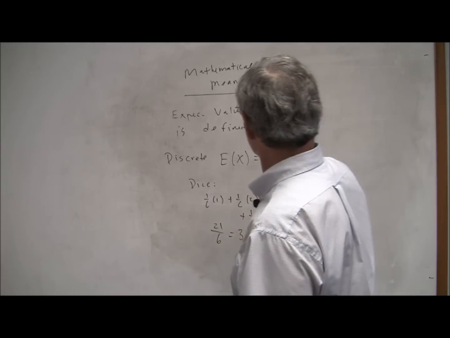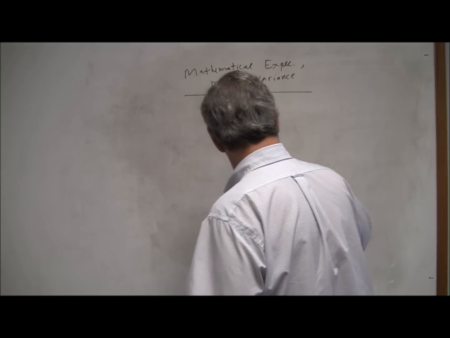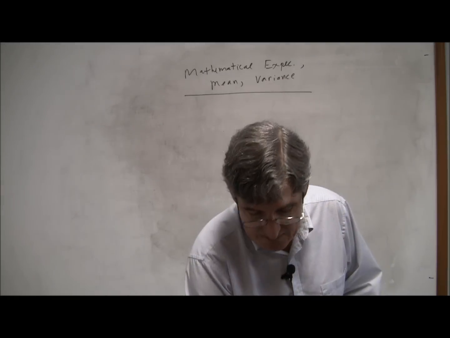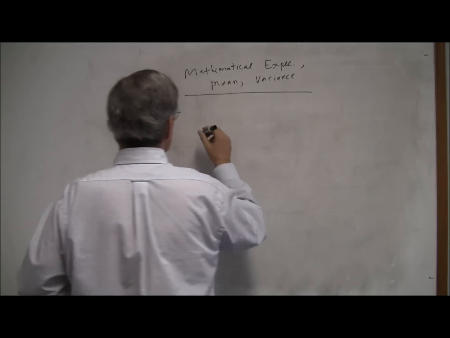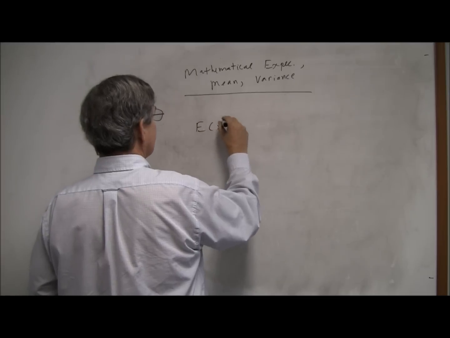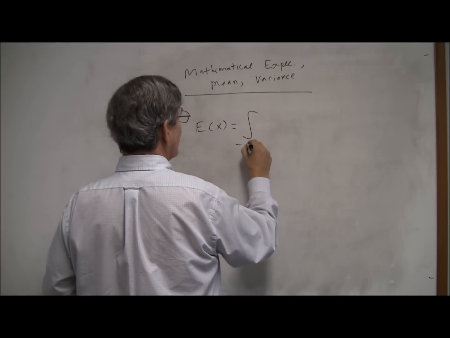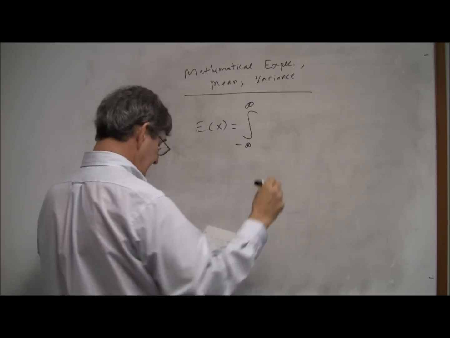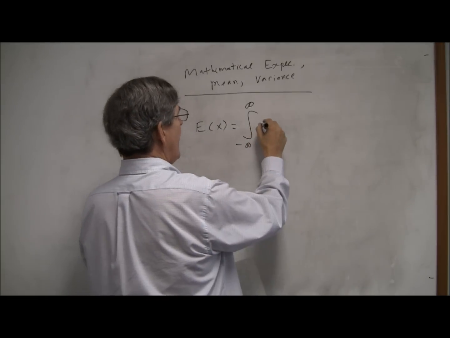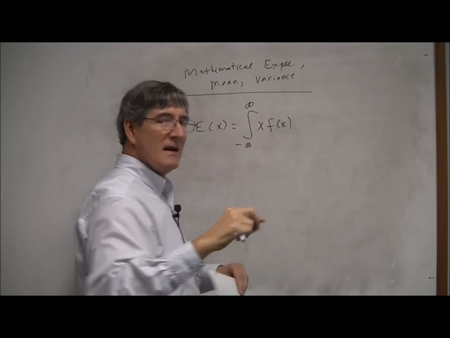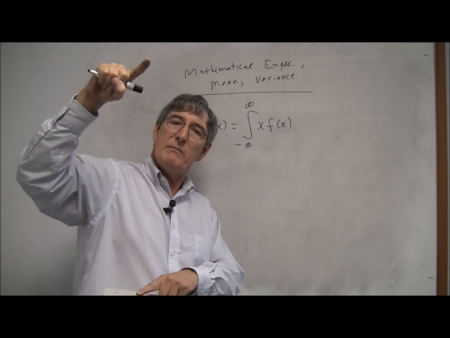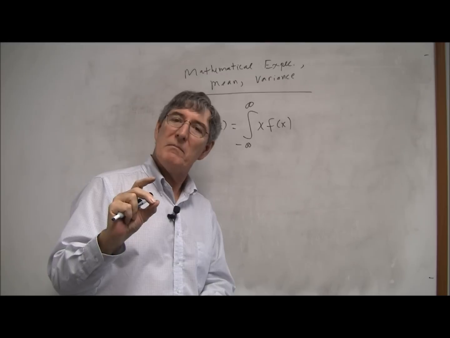Now, if it's continuous, we're still doing the expected value. We just do the continuous analog of that. So remember that E of x is the integral over the range of the PDF of x, the outcomes, times their probabilities, f of x. The height of the PDF is the probability, and x is the outcome.